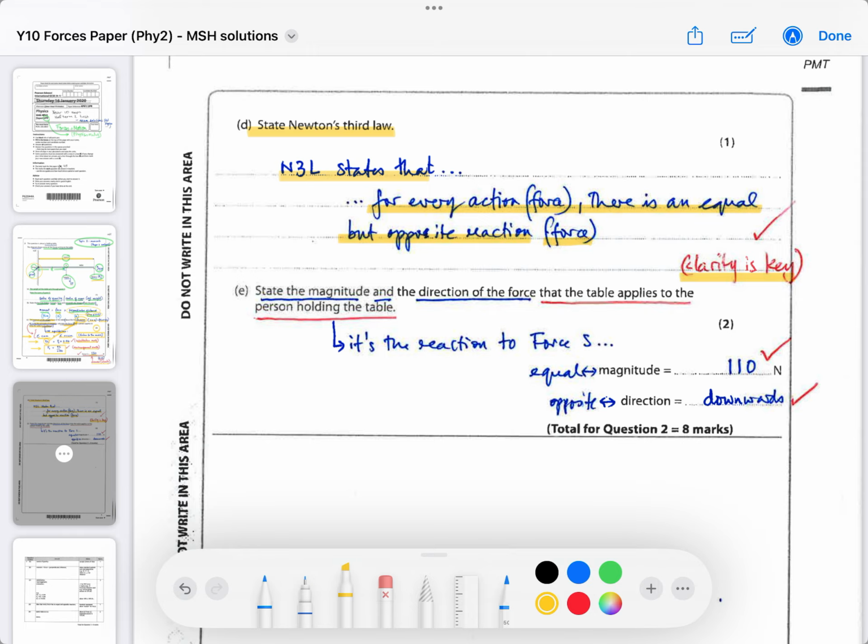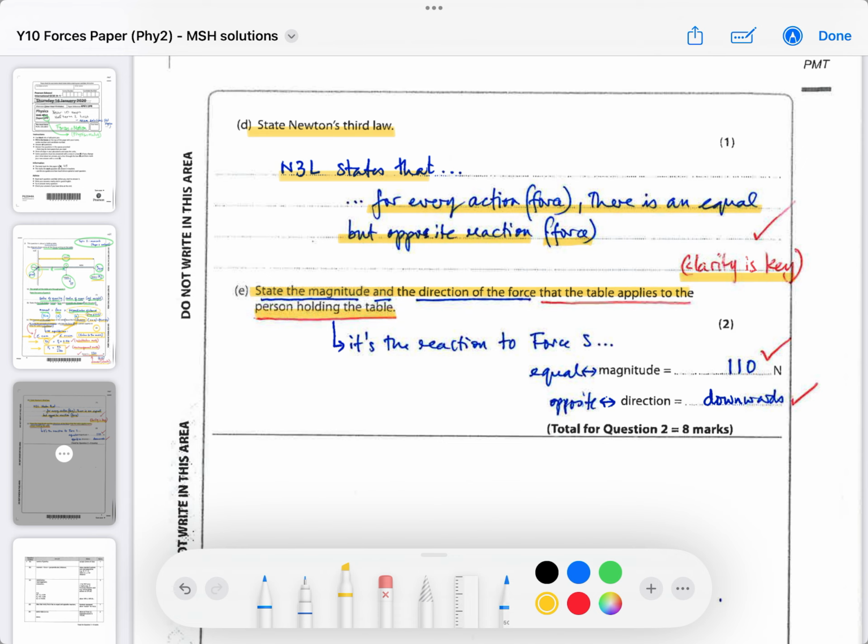So the person who's holding the table up, stopping it from collapsing, is providing the upward force, and they want you to think about that. State the magnitude and direction of the force that the table is applying to the person who is producing the force upwards on the table.